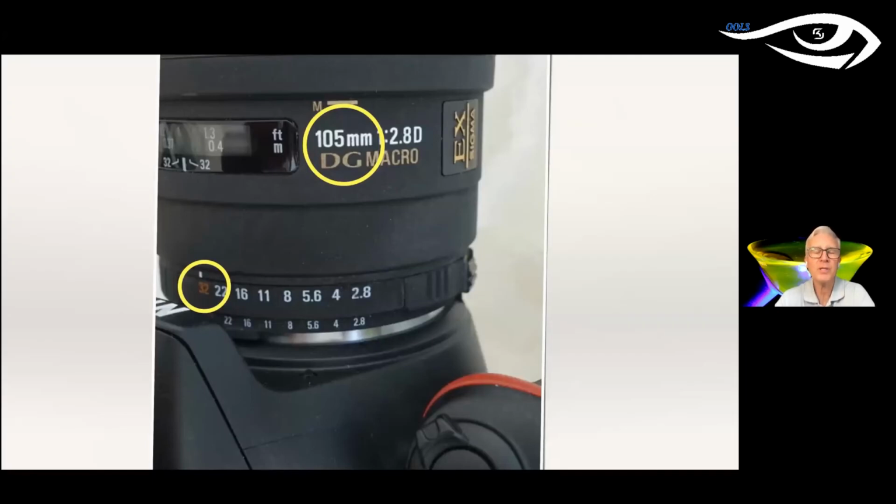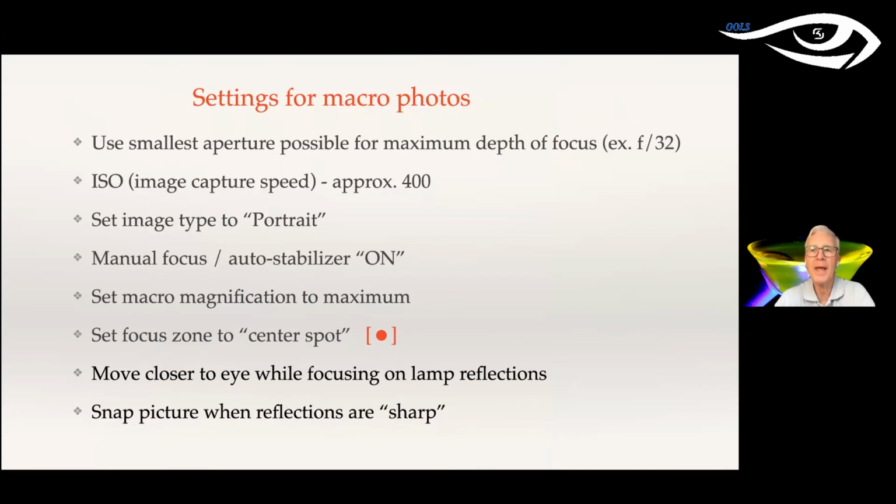And to me, when I started, this was counterintuitive, because I'm thinking, what kind of depth of field is it? I'm right down on an eye. The height is not even a millimeter or 1 or 2 millimeters at most. But there's a lot of depth in that 1 or 2 millimeters. So you want the maximum f-stop, the maximum pinhole you can get. From any camera, that's f/32.